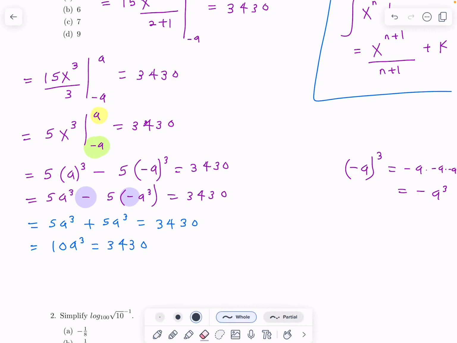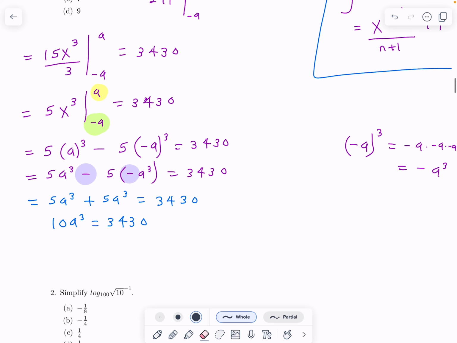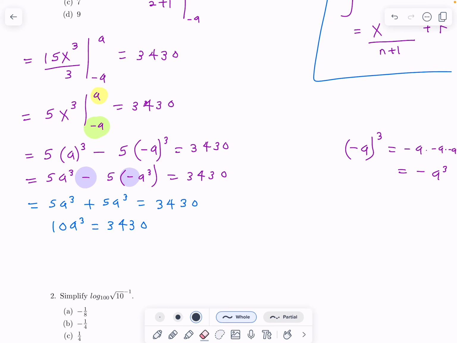Now, because I want to solve for a, I can divide both sides by 10. If I divide both sides by 10, I'm just going to get a cubed is 343. Since I have a cubed and I want to find a, I can take the cube root of both sides.